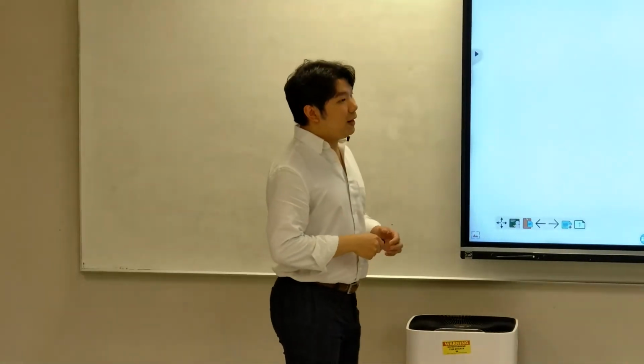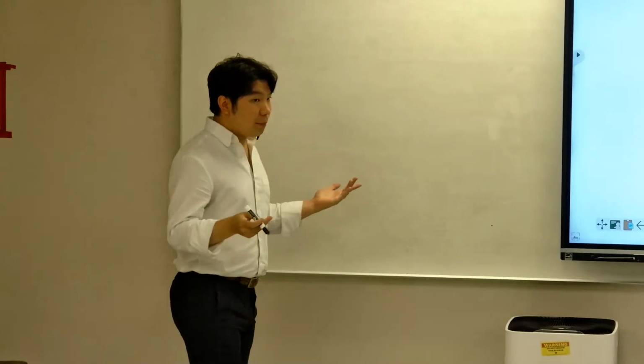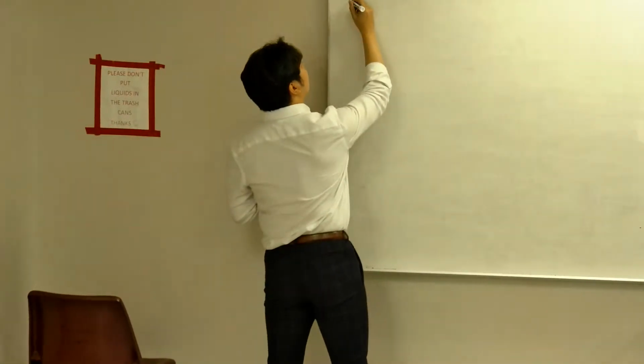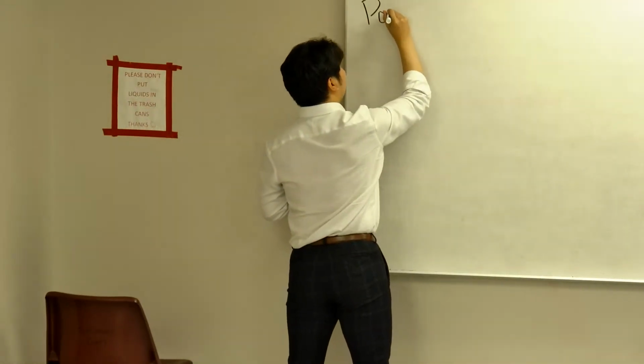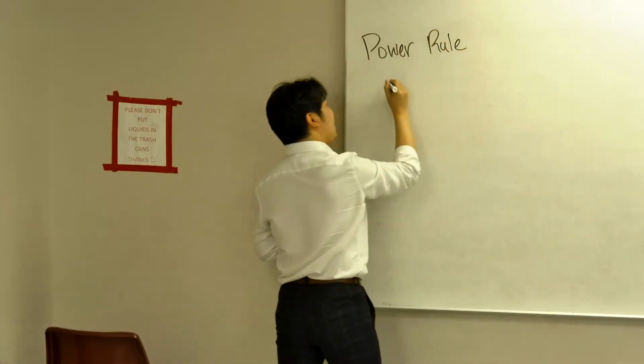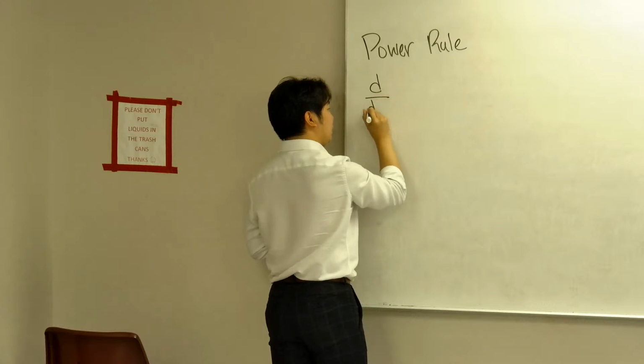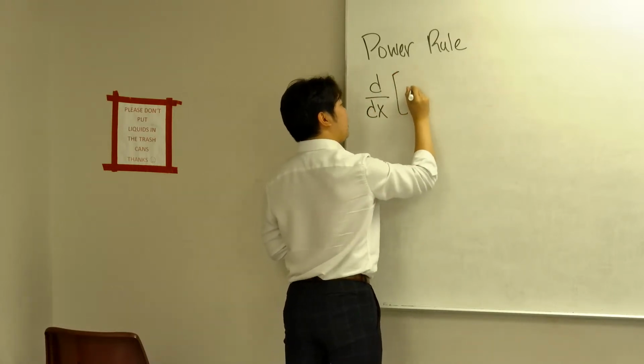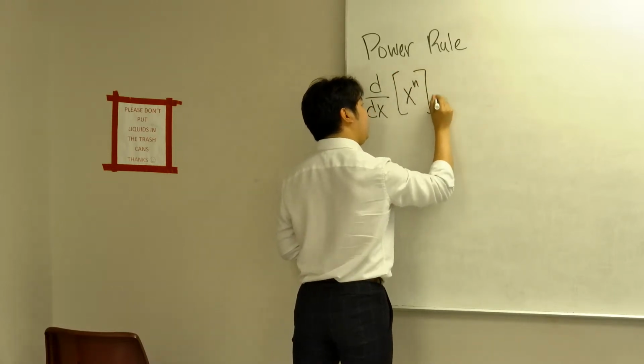So what is the very first derivative rule that we learned? Yeah, the first one was the power rule. So I'm going to write power rule. And that said that the derivative of, let's say, x to the n power.